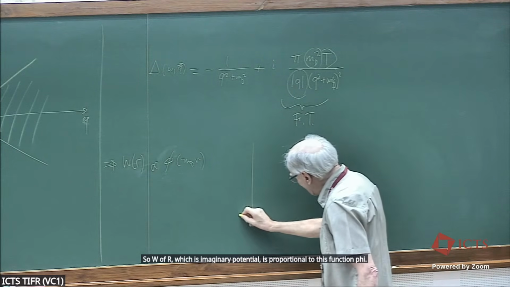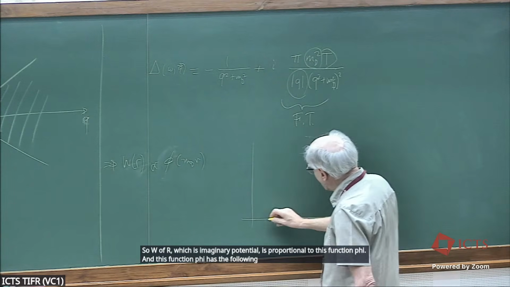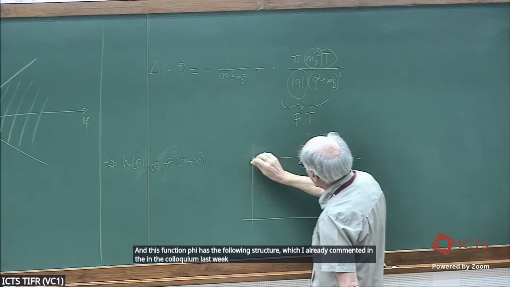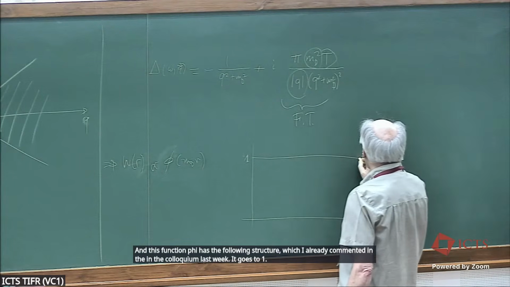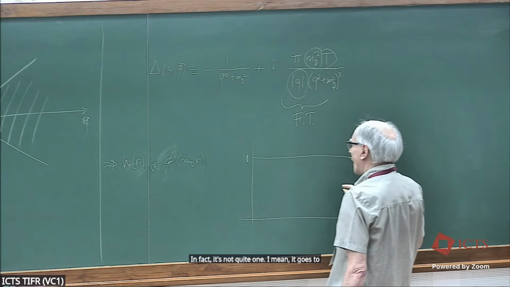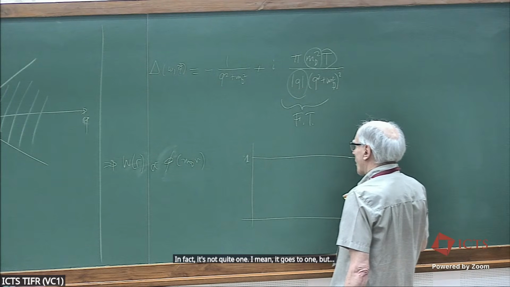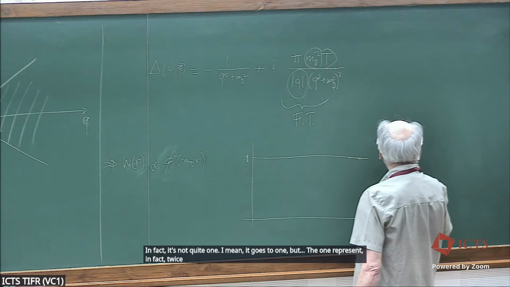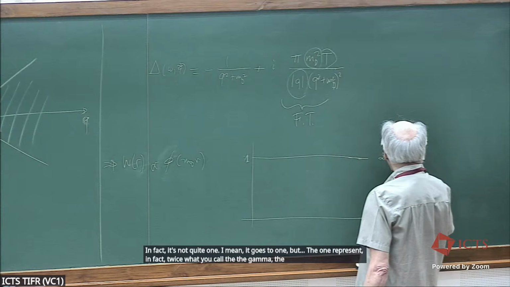And this function phi has the following structure, which I already commented on in the colloquium last week. It goes to 1, and the 1 represents, in fact, twice what you call gamma, the damping factor of the heavy quark.